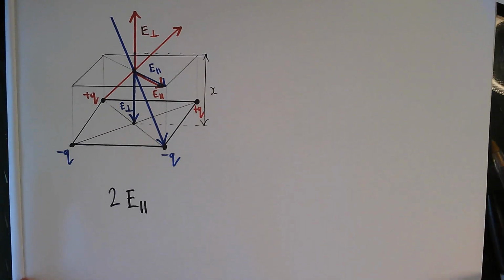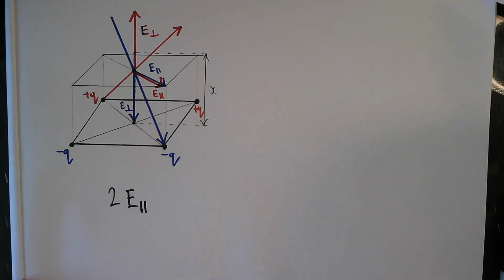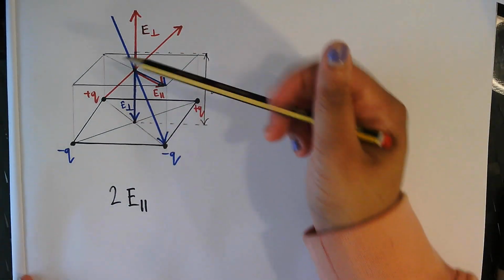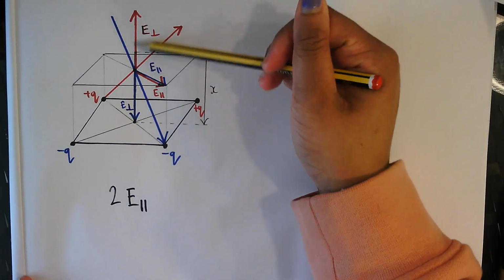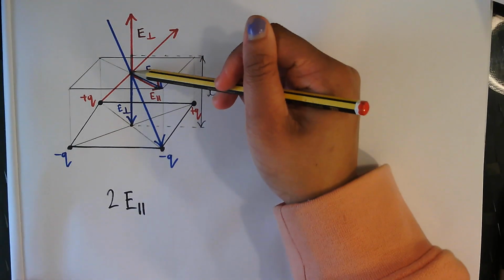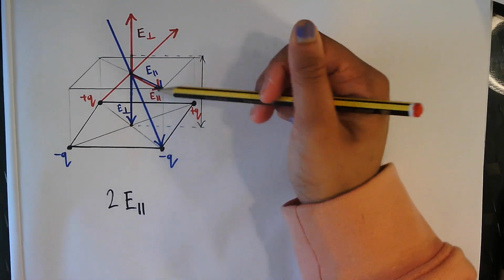And yeah, the reason I selected two diagonally opposite charges was so that I would get two components that are in opposite directions, so that they cancel out. So now I only have to consider these two components here.